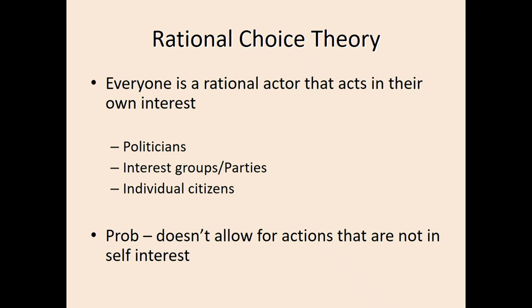So, for example, if you happen to be a poor person who supports Republican tax cuts that may not benefit you because you believe in small government, but you'd be adversely affected by those tax cuts, how do you explain your belief in those tax cuts, right? Rational choice theory doesn't give us an understanding of everybody in society. But it's probably one of the dominant theories that's used today.